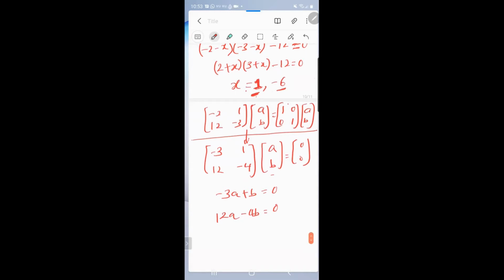Yes, because for one value of x, which is 1, the position of this vector is only changing by a unit length. Okay, yeah, thank you. Okay, good.